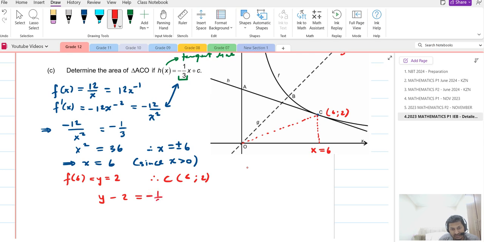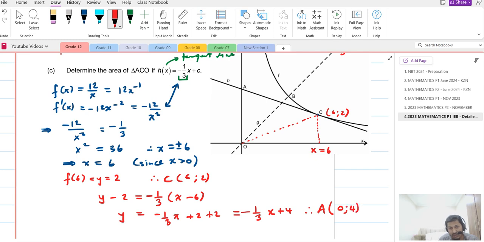Now open this up: you get negative 1 over 3 x, and negative 1/3 times minus 6 is plus 2, and taking the minus 2 over, you get plus 2. So that answer is negative 1 over 3 x plus 4. Therefore the coordinates of A will give me 0 and 4, because that's the y-intercept.